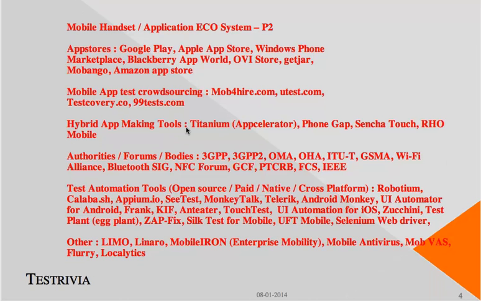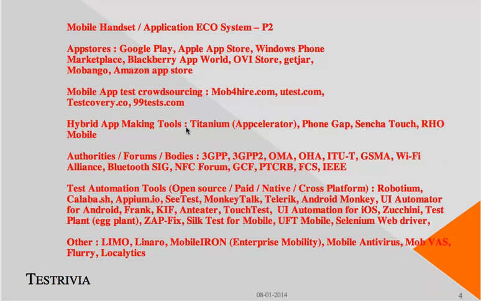For example, Calabash, Robotium, and C-Test, which is a paid tool, UI Automator for Android, which is free, UI Automator for iOS, Zucchini, and Test Plant, which is a paid tool, Silk Test for mobile, again a paid tool, and Telerik, for iOS, which is free. You can test even web apps immediately after you install it. It's an app which goes to your iPhone, and then you can test directly from your iPhone.